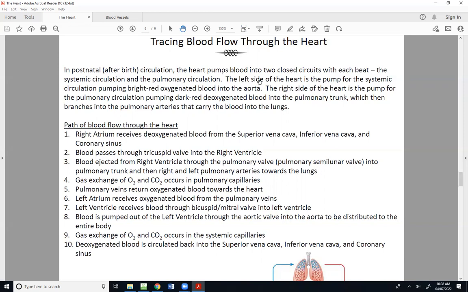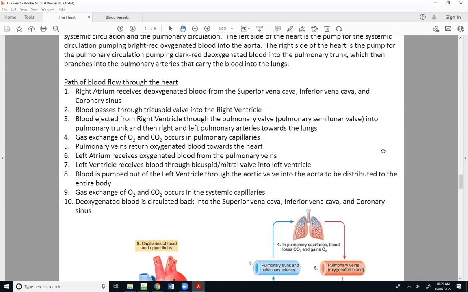The left side pumps to the systemic circulation, pumping bright red oxygenated blood to the aorta. The right side pumps the deoxygenated blood into the pulmonary circulation, and this involves the pulmonary trunk, which then branches to the pulmonary arteries that carry the blood into the lungs.